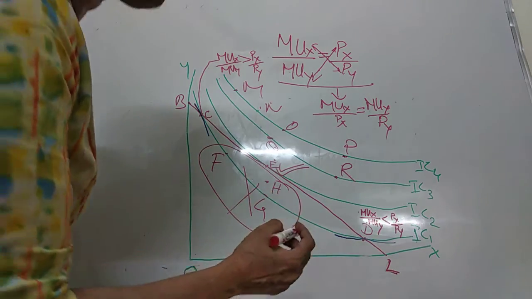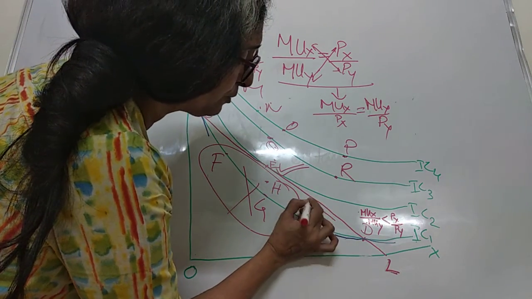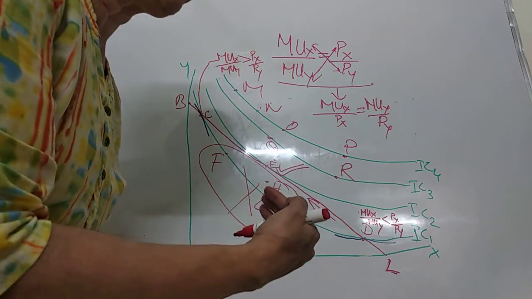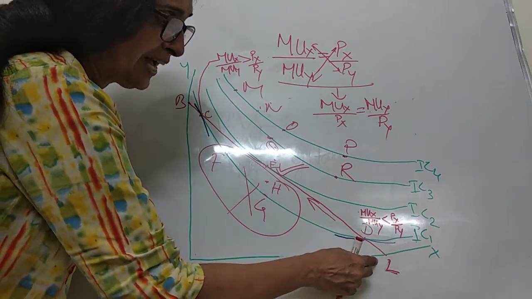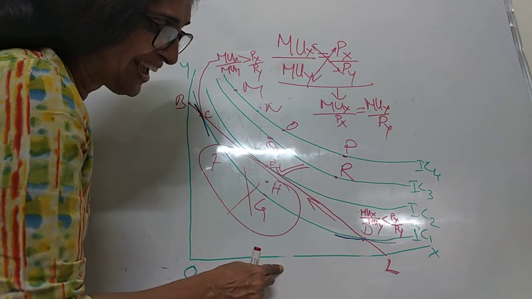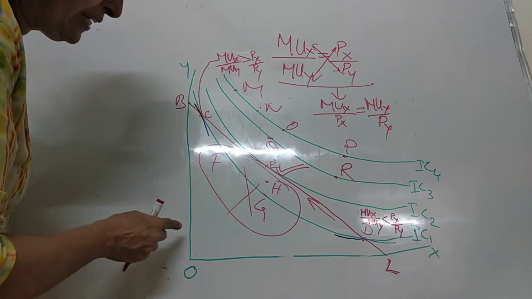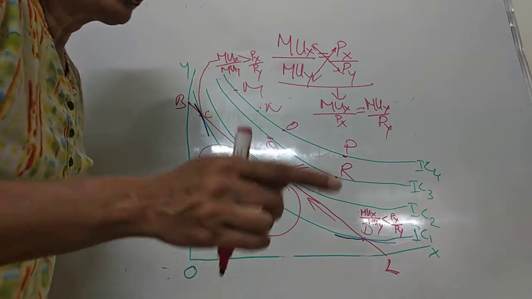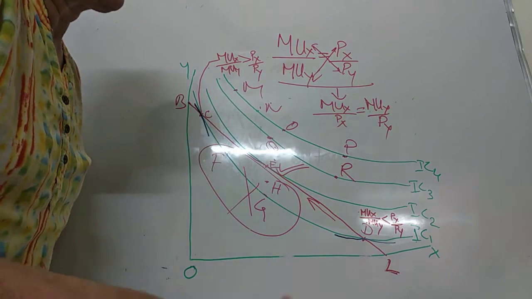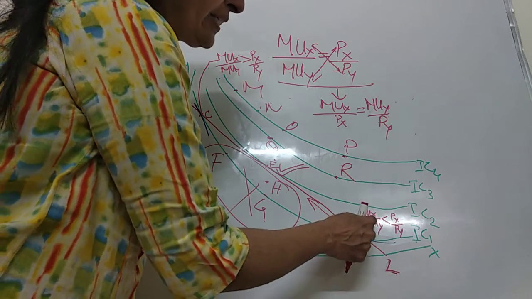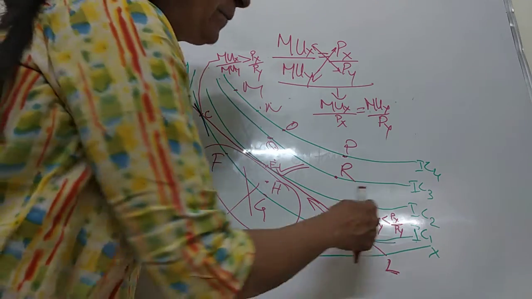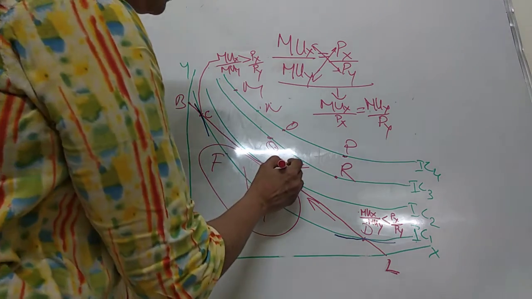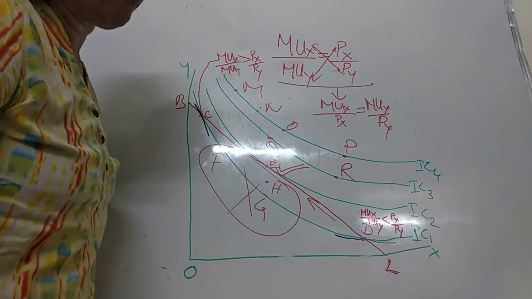So what will he do? He will start an upward movement on the budget line. And this upward movement on the budget line would mean that the consumption of X is reduced while the consumption of Y is increased to the extent that MUX upon MUY becomes equal to PX upon PY. That will be again the combination E, right?